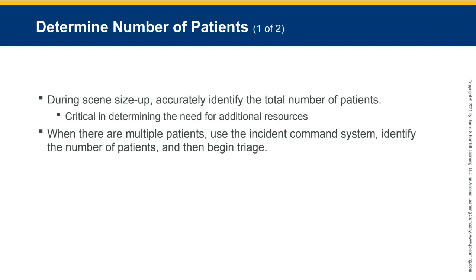If more than one patient is present, then we need to determine, do we have all the resources required to deal with these patients? If you don't, then you need to request those resources. And if you're the first unit to arrive on that location and there are multiple patients present that exceed available resources, then triage must be initiated.